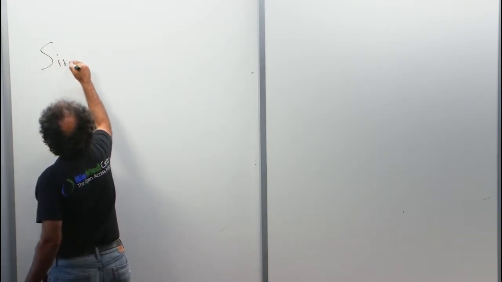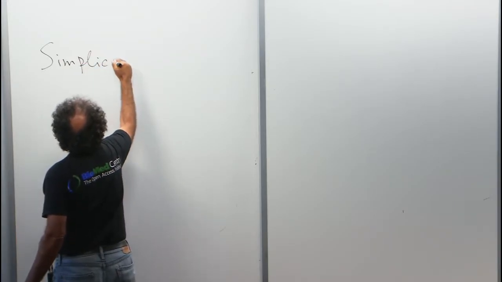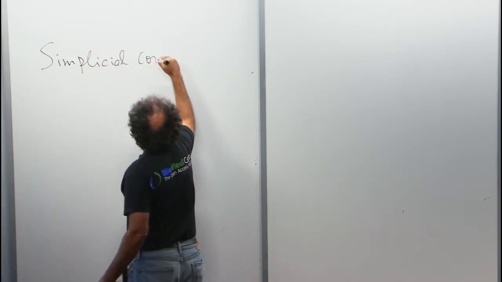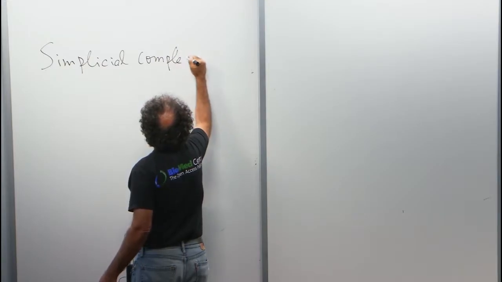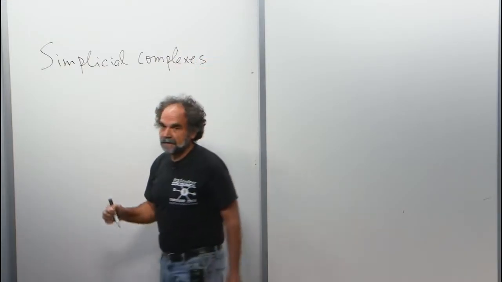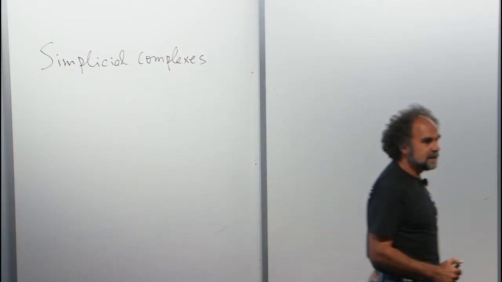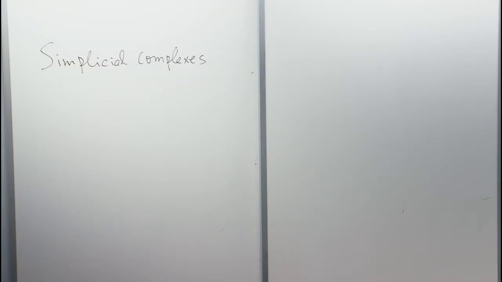Okay, so this is the basic definition. Perhaps the name sounds somewhat impressive, but it's really a very simple and very natural combinatorial object, and I'll explain the connection with combinatorics, with geometry.